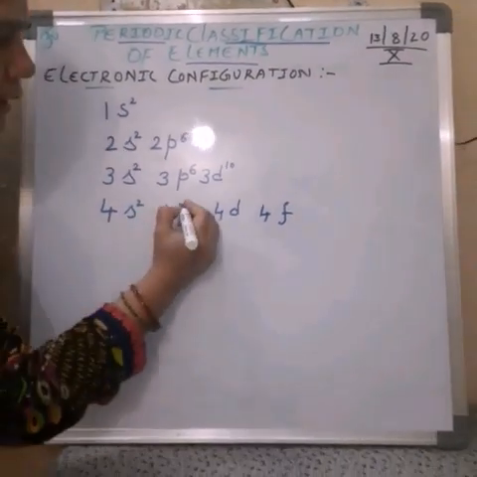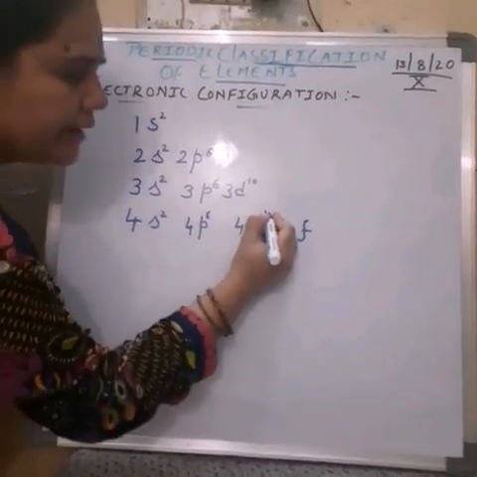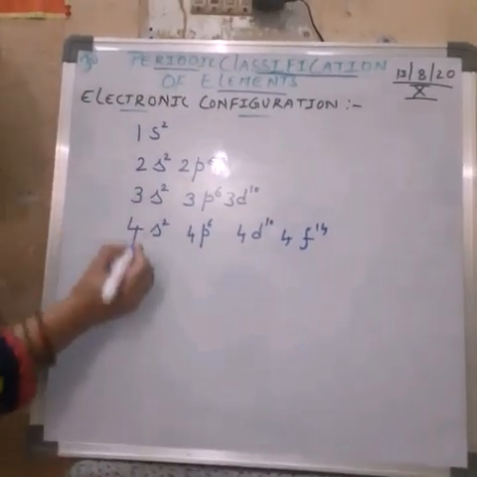So let us write it as 4p6, 4d10 and 4f14. Like that only.